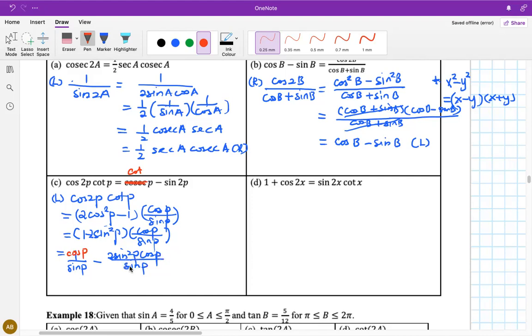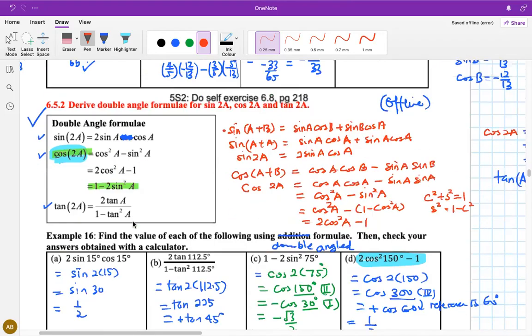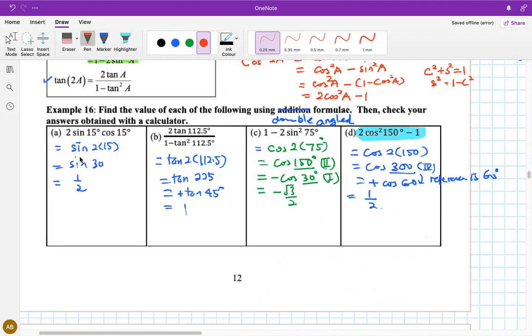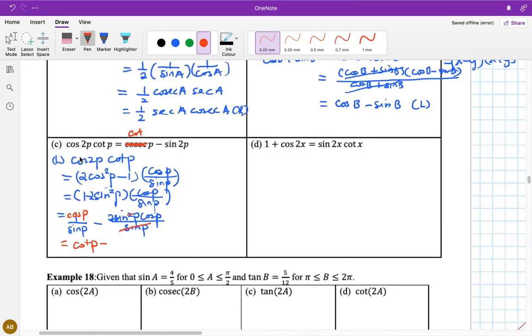So sine p, sine square p and sine p, we cancel out 1, and then you will get cotangent p minus 2 sine p cos p. 2 sine p cos p is like 2 sine a cos a, so you get sine 2p. So this is your answer on the right hand side. So please do the correction here.